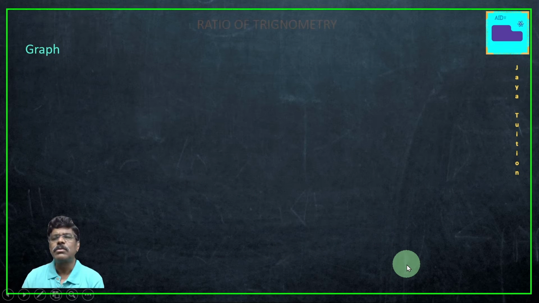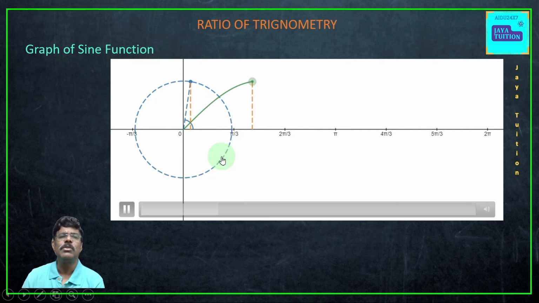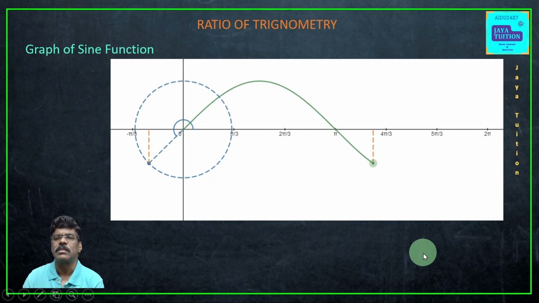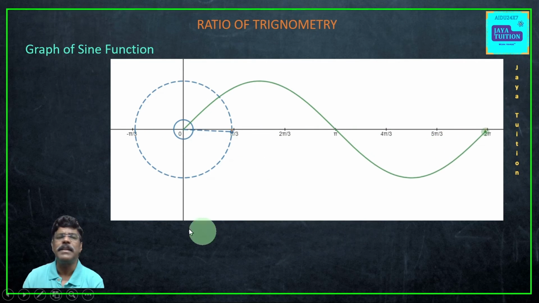Now, let us go further ahead to see the graph of the sine function. As you can see, here you have the unit circle, and the point is going around the circle while the graph of sine is being traced out over here. One complete cycle is equal to 2 pi, so from 0 to 2 pi, one complete cycle.